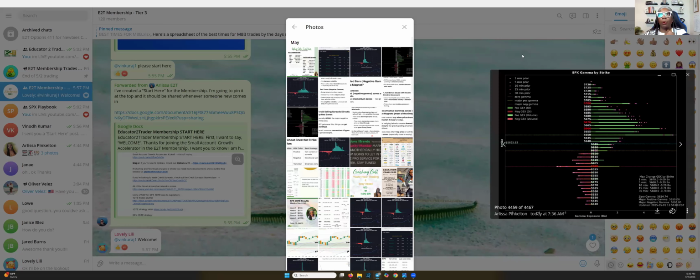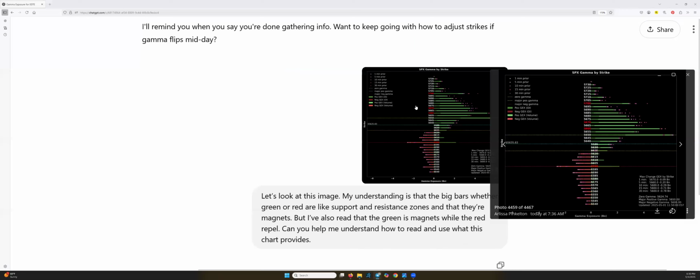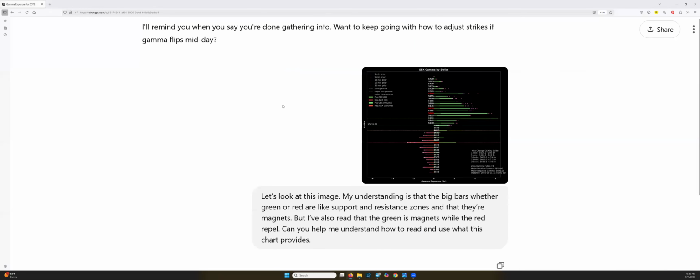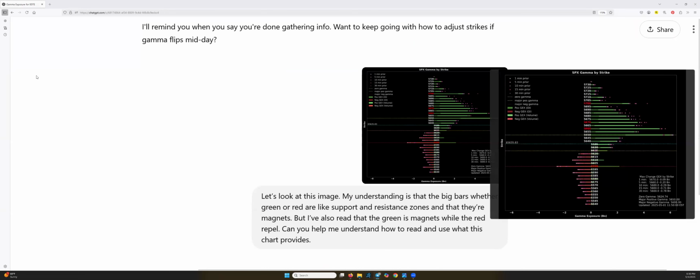I think this was the one I brought up. There we go. Is it safe to say that the higher peaks in the gamma, that's considered the wall? Yes, the peaks on the green are considered the wall.